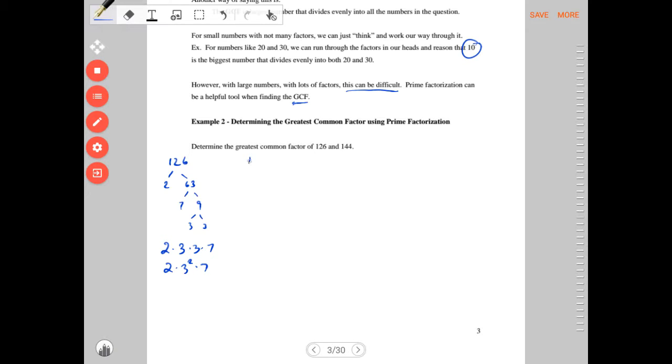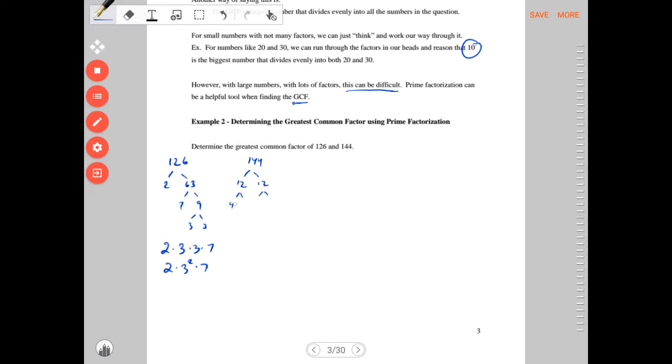We do the same thing for 144. I know that's 12 times 12. Hopefully you do too, but if you don't, 144 is divisible by 2, so you can start that way. If you start with the biggest numbers you can, it's just better.